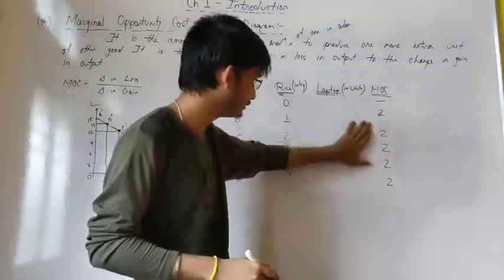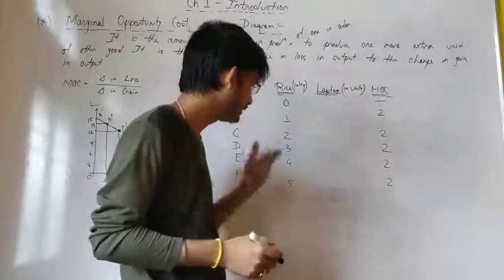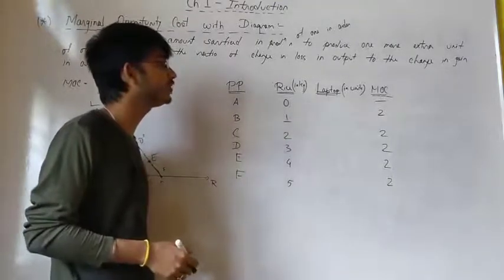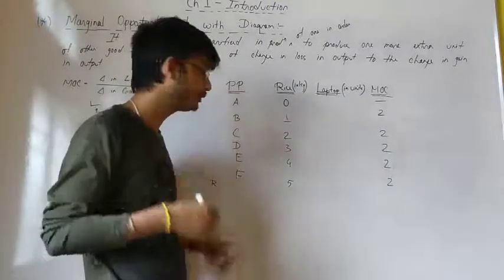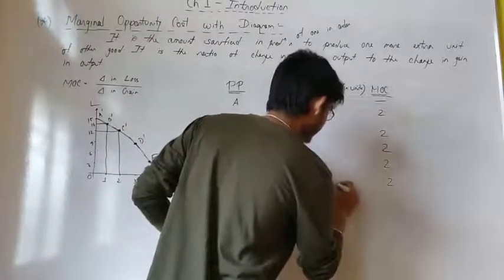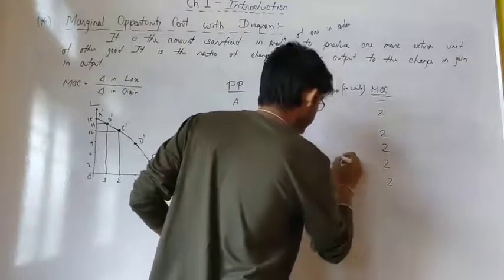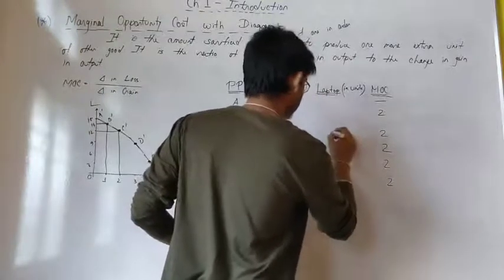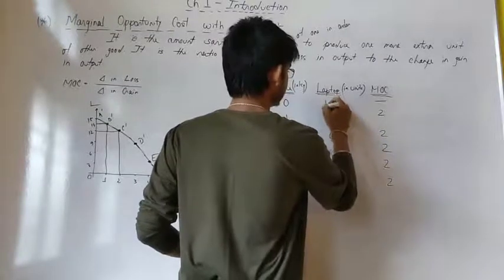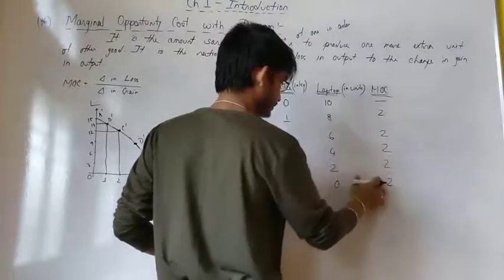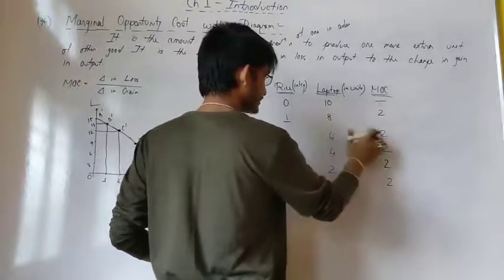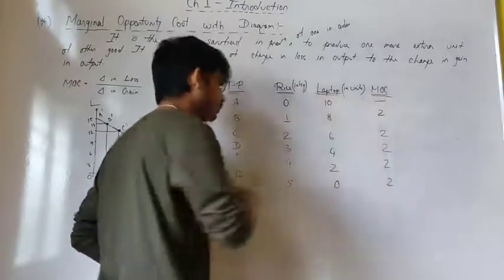If you take 5, it will be 5, 5, 5, 5 throughout. My logic is: if marginal opportunity cost remains constant, what will happen? So let's see. Start with 0, 2, 4, 6, 8, 10. 0 plus 2 is 2, 2 plus 2 is 4, 4 plus 2 is 6, 6 plus 2 is 8, 8 plus 2 is 10. Okay.